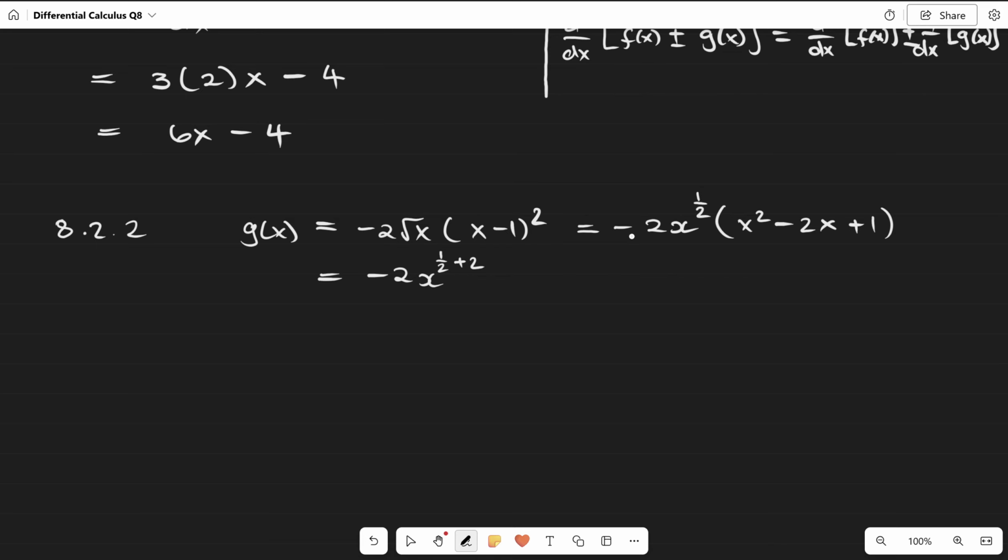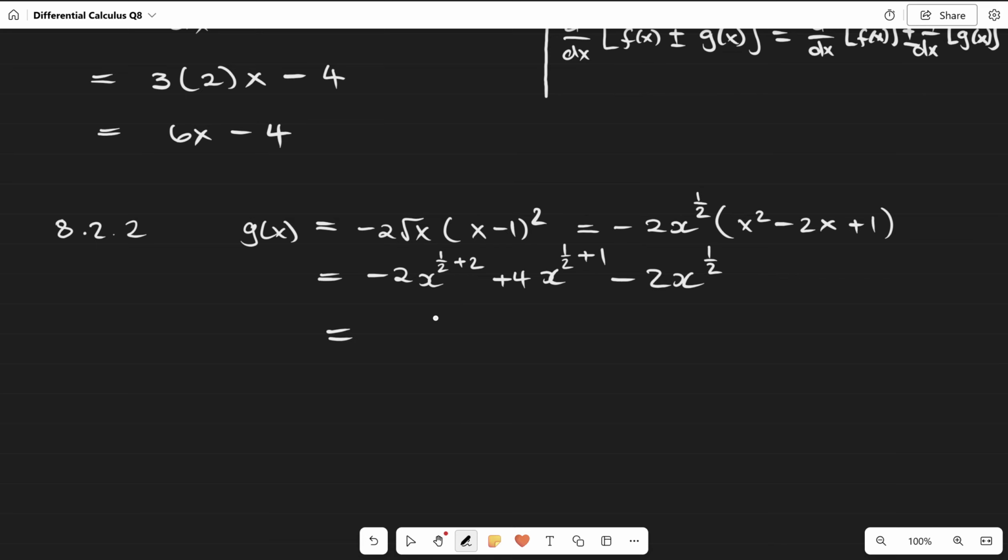Then the next term, negative 2 multiplied by negative 2, is positive 4, and x to the 1 over 2, add the exponent, plus 1. Then the last one, multiplied by 1, is still itself, so this is just negative 2 x to the 1 over 2, right?